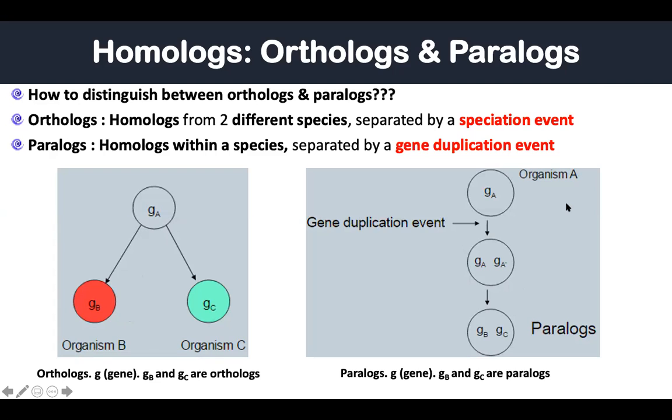And if you're looking at paralogs, for instance, this organism A has gene A, right? After a gene duplication event, another copy of the gene is made, and in the same genome you have two copies of the same gene. So these genes are known as paralogs, right?